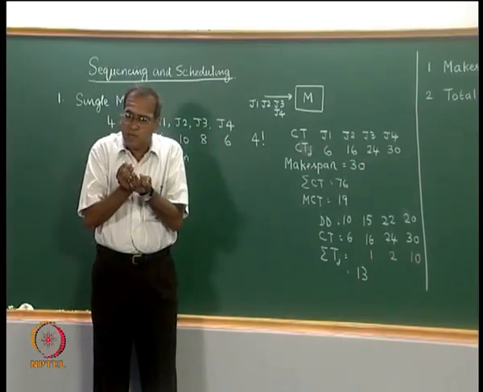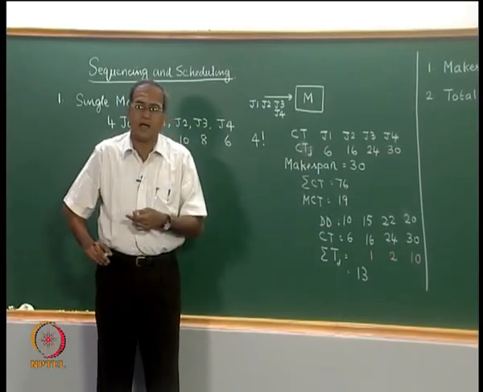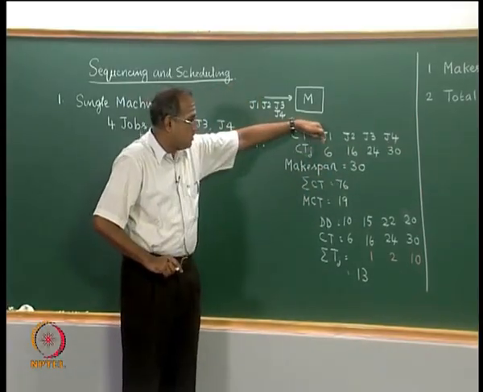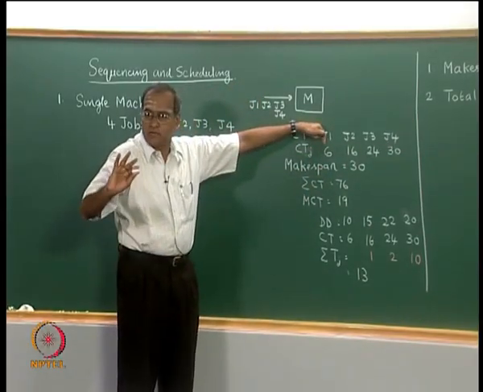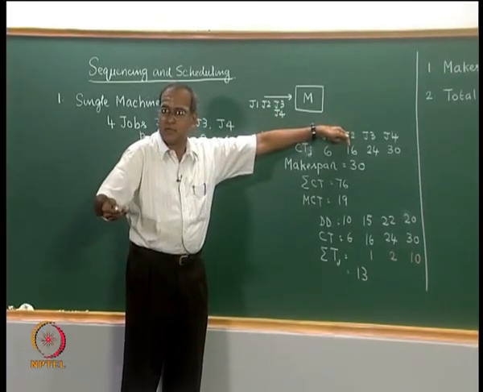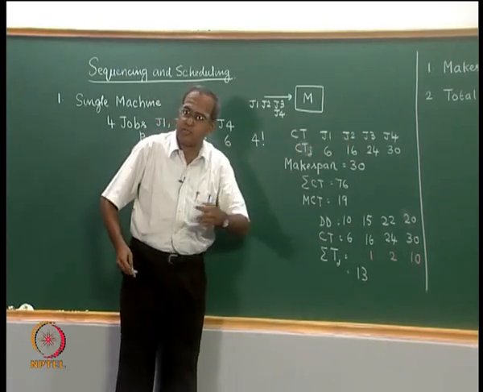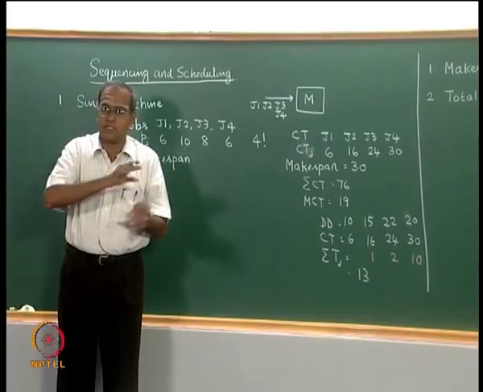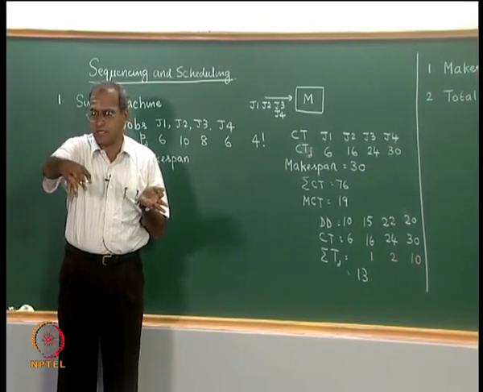So if we want to minimize the sum of completion times, we wish to minimize all of these, and whatever we choose first is going to contribute 4 times, whatever we fix second is going to contribute 3 times, and so on. Therefore it is correct that we choose the smallest first, which contributes in all the 4 completion times.